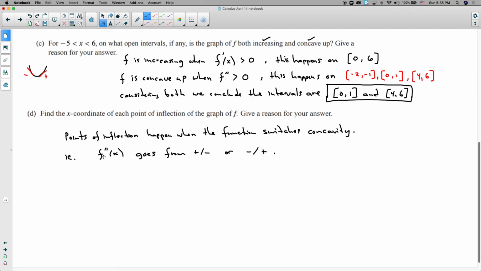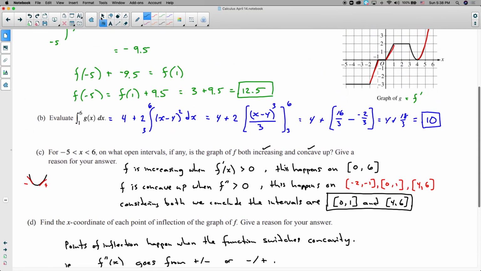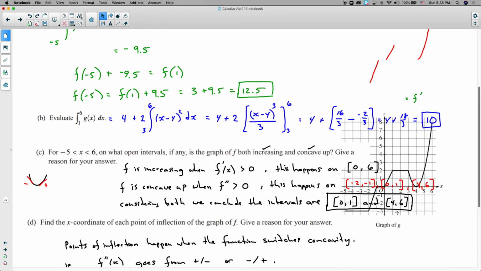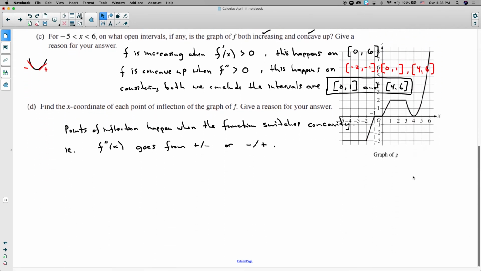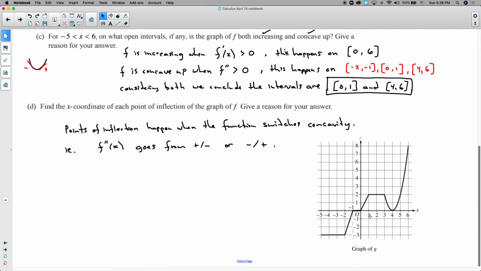If f double prime is negative, the reverse of this one, it's concave down. So where it switches concavity, the f double prime moves from positive to negative. So let's grab this picture. And think about f double primes and where, if anywhere, in fact, these f double primes switch.